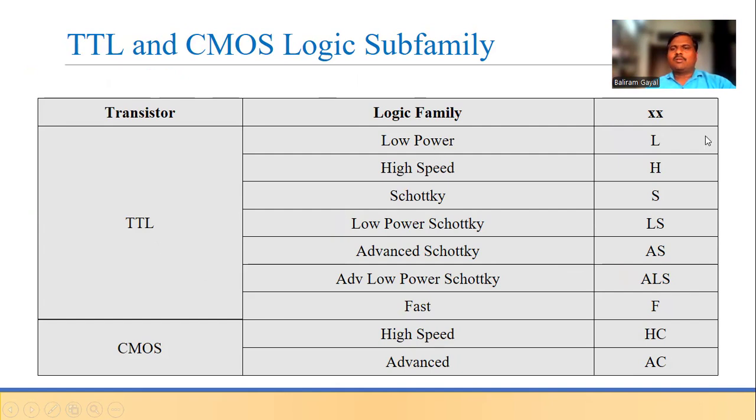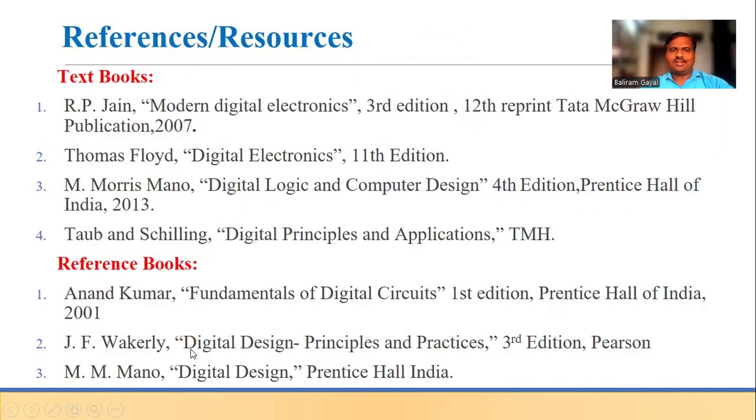For TTL: low power, letter L; high speed, H; S means Schottky; LS means low power Schottky; AS means advanced Schottky; ALS means advanced low power Schottky. These are the subfamilies of the TTL logic families. Then for CMOS, HC means high speed, AC means advanced. Those are the subfamilies of complementary metal oxide semiconductor field effect transistors.